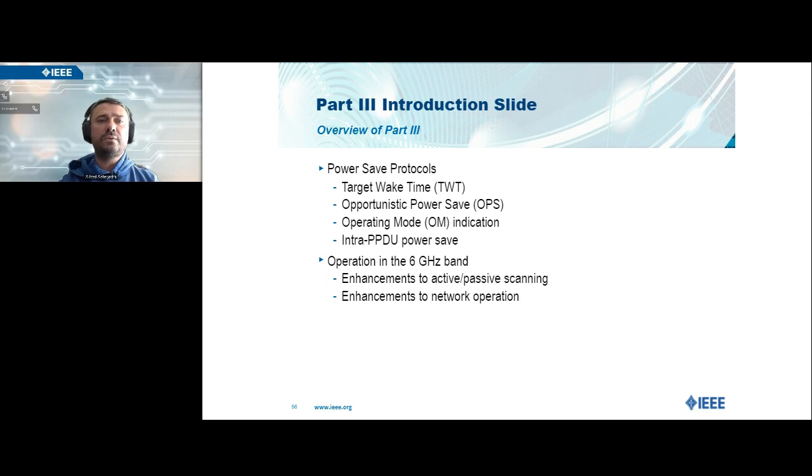So part 3 and last part. We're going to cover power save protocols: the introduction of TWT, opportunistic power save, operating mode indication, and intra-PPDU power save from a power save perspective in 11ax. And then because of the introduction of the 6 GHz band in the 802.11ax PAR, there were some enhancements to active and passive scanning and to the network operation that we will cover as well.